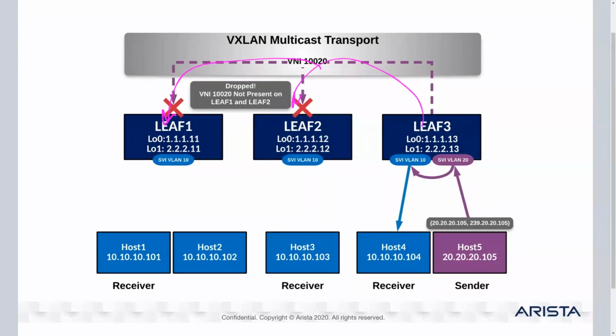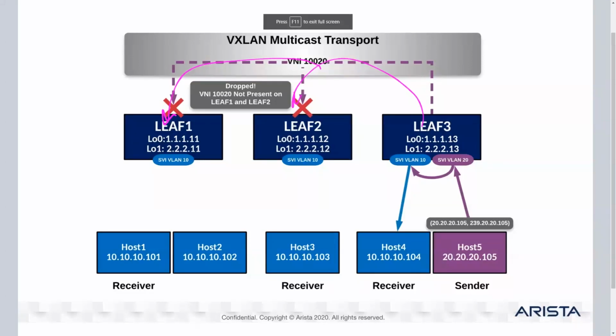Now, for those familiar with the symmetric IRB model for unicast traffic, the solution here may seem to be, hey, let's use the layer 3 VNI when transporting the routed multicast feeds across the overlay. But this routing operation would result in header rewrites or changes to the header and TTL decrement of the multicast feed, which we do not want.